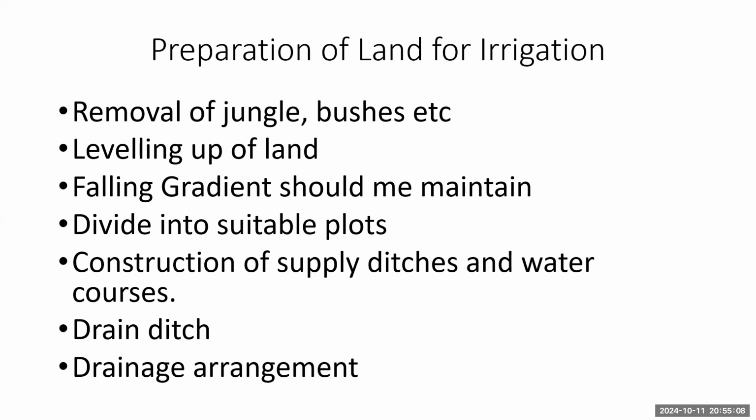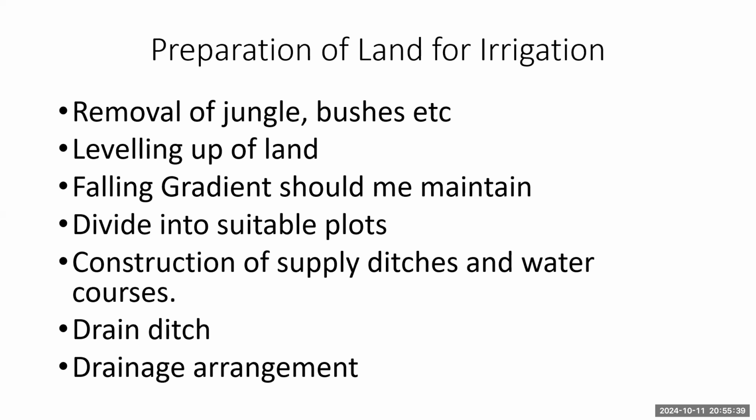Where that water should flow under gravity, a certain falling gradient should be given to that particular plot or land. If that land is big, then it should be divided into suitable plots, based on the size of the total land and the type of crop considered.